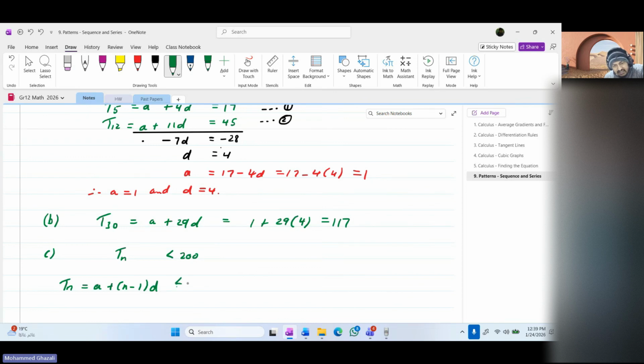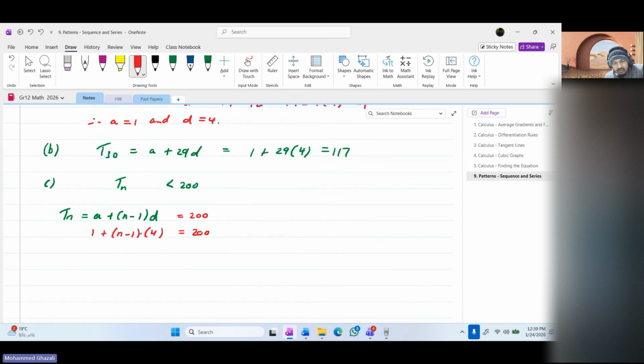Make it equal to 200, and then we're just going to round down. A is 1, d is 4, so 1 plus 4(n minus 1) equals 200. Solving for n, 1 plus 4n minus 4 is equal to 200.